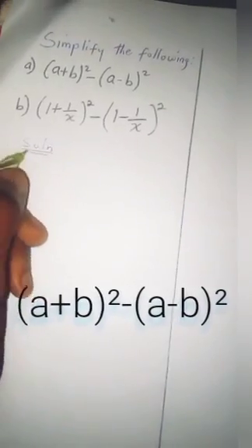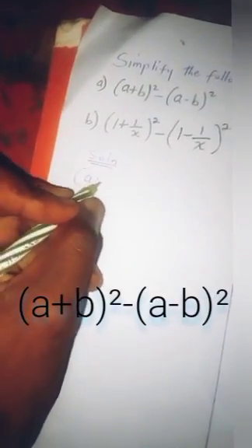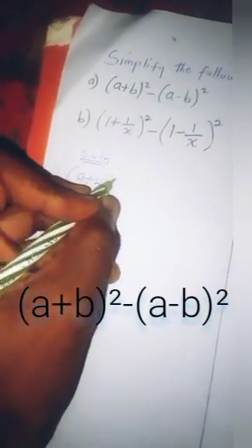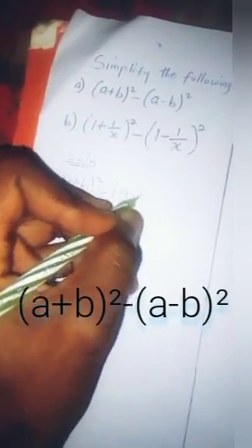So what we want to do is rewrite the first expression. Solution: we have (a + b)² − (a − b)². This is almost like the difference of two squares.